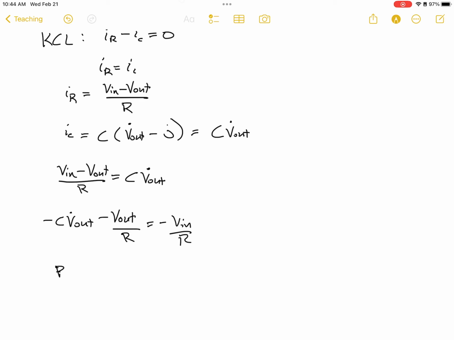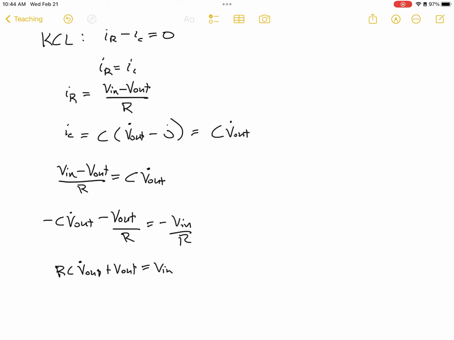So I've got RC V out dot plus V out equals V in. And so this is a linear, first order, inhomogeneous, constant coefficient ODE.